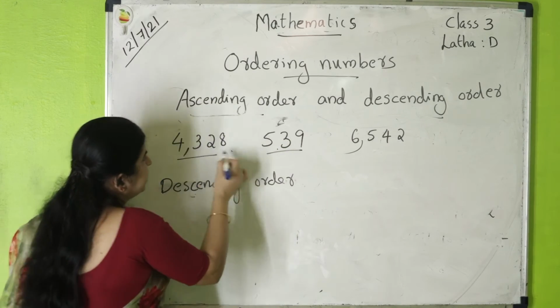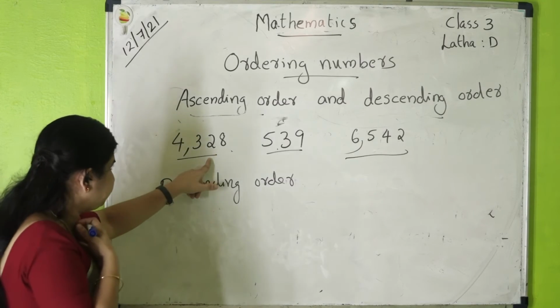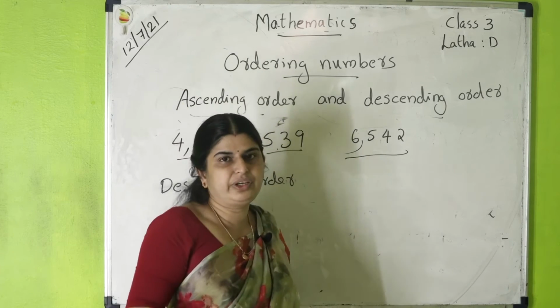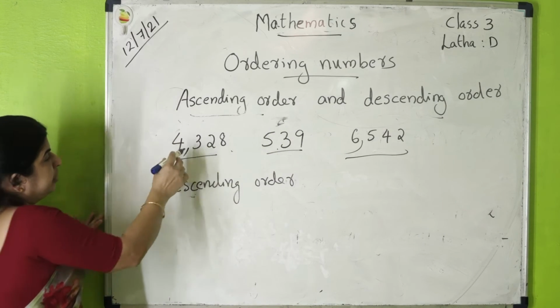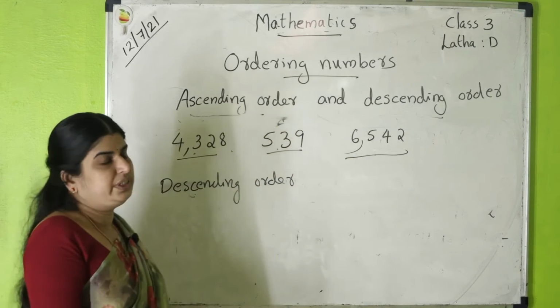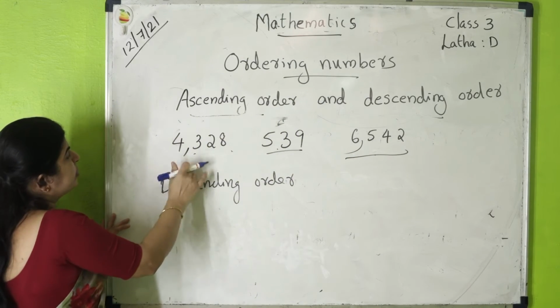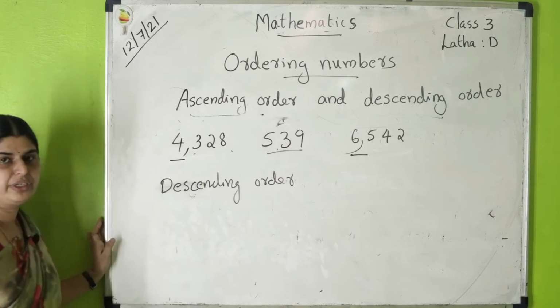Therefore, we compare this number and this number, 4,328 and 6,542. These numbers have 4 digits. Therefore, we compare the leftmost digit, 4 and 6. Which is the greater number?